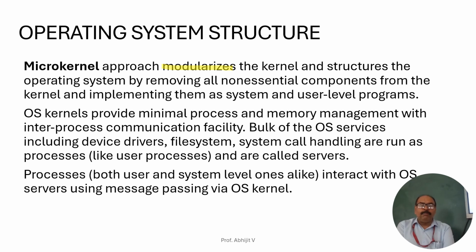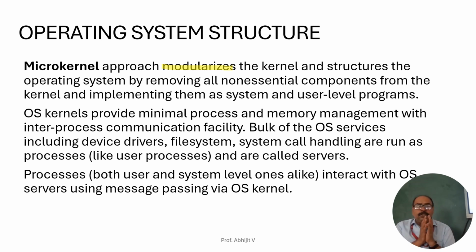OS kernels provide minimal process and memory management with inter-process communication facilities. You have two processes, so you have inter-process communication facilities when it is divided into multiple programs, right? But if you have a single program, you don't have that facility. Are you able to understand?